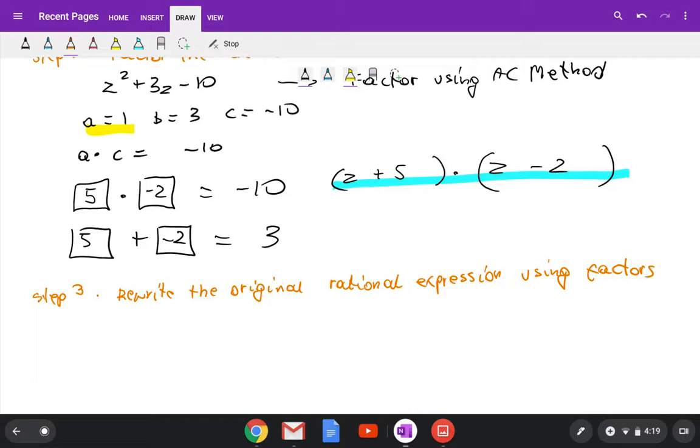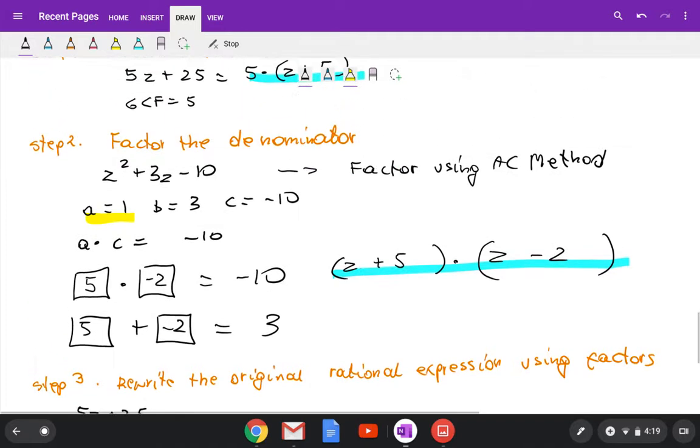Okay, so our original rational expression was 5z plus 25 over z squared plus 3z minus 10.